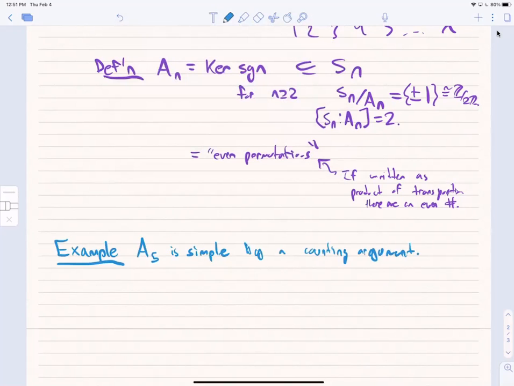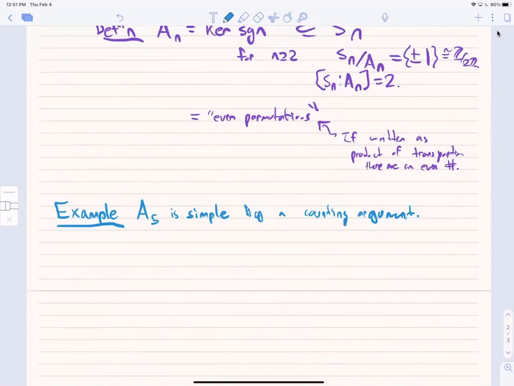How can we make a counting argument here? Well, we use 2 facts. So one, we already discussed this last time: any normal subgroup is a union of conjugacy classes.